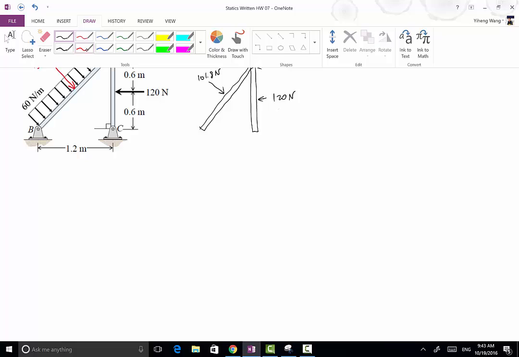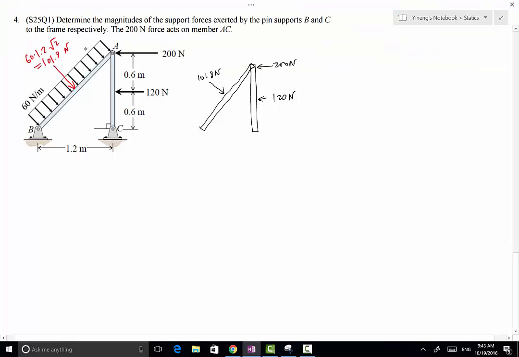And because we have two pin supports at B and C, each pin support has two support reactions, Bx and By here, Cx and Cy here. So this is the free body diagram of this entire frame.